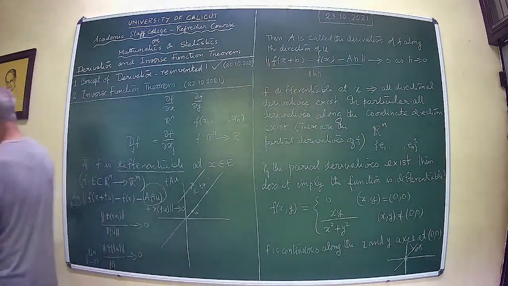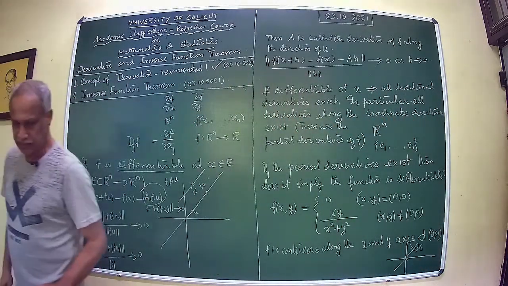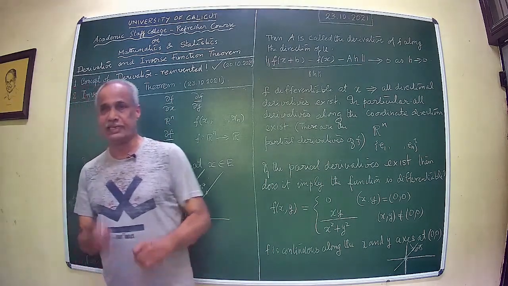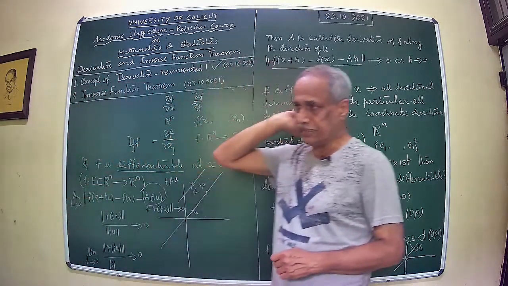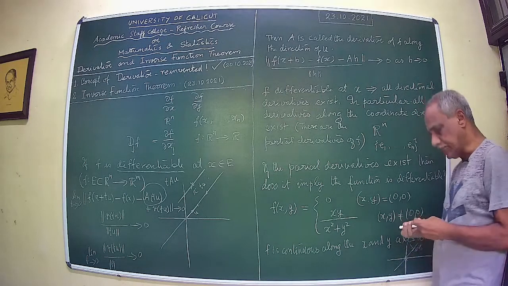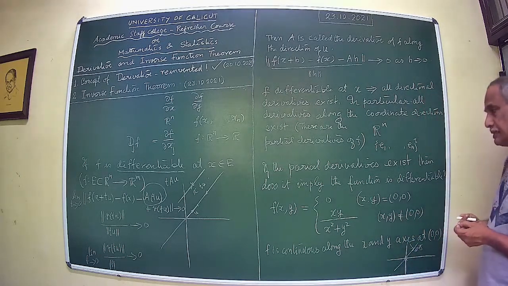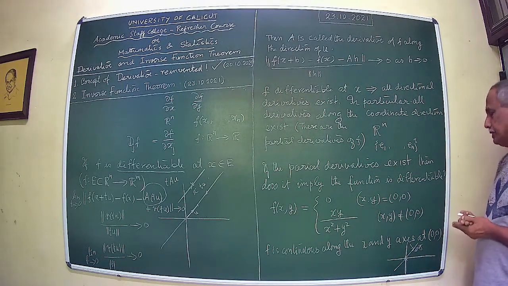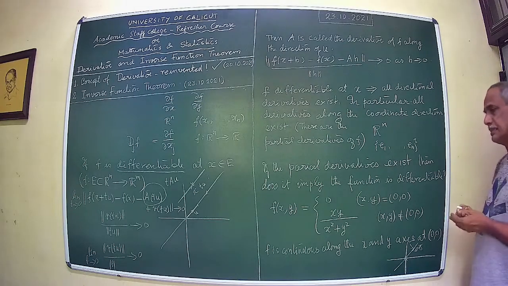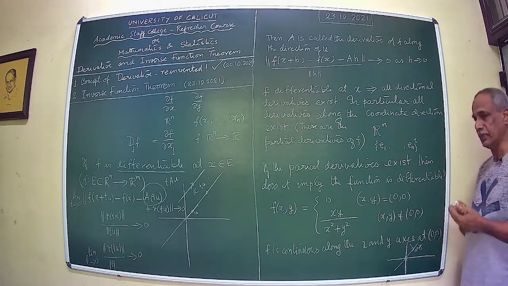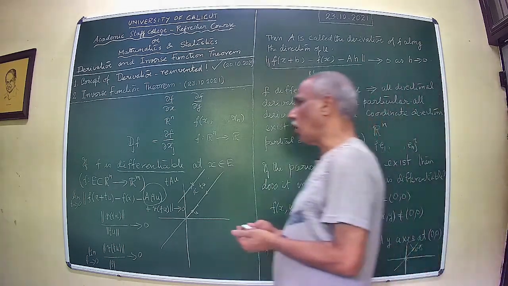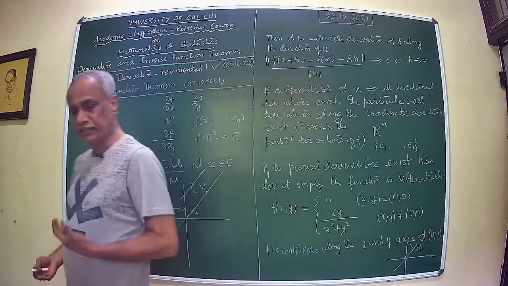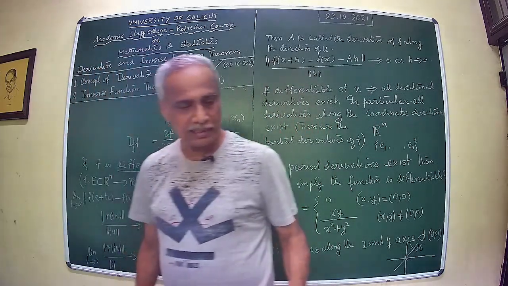Now, later I will make a remark. We are going to get an inequality which tells that if a function is differentiable, then it is necessarily continuous at that point. So, all differentiable functions are continuous functions.